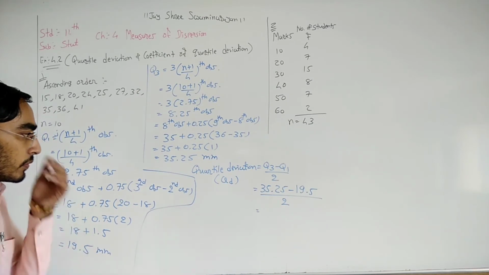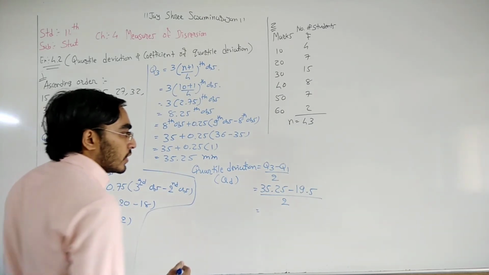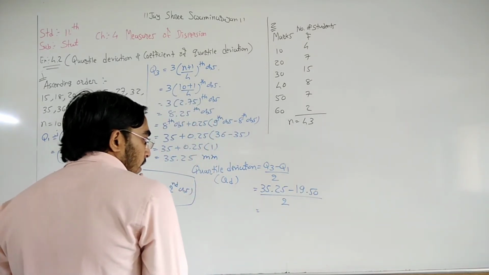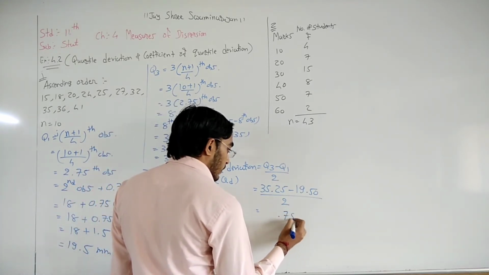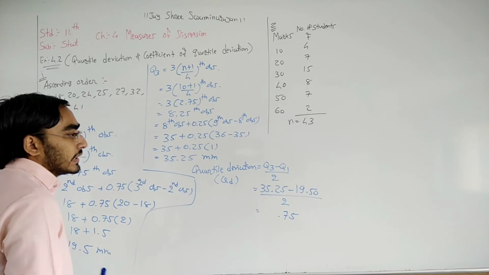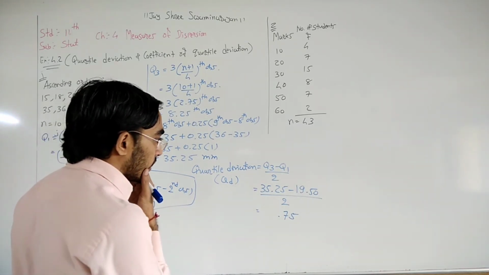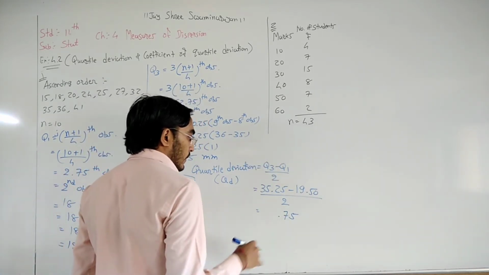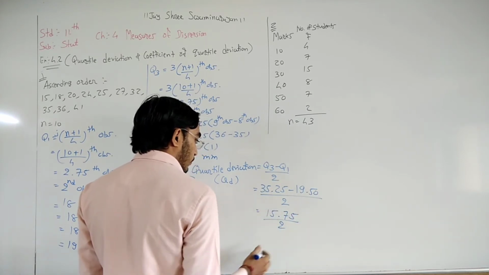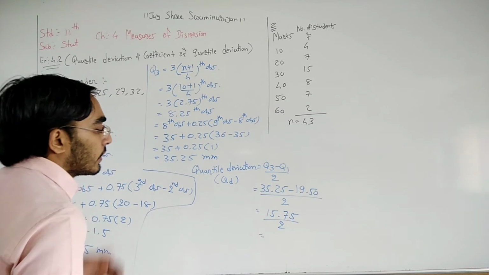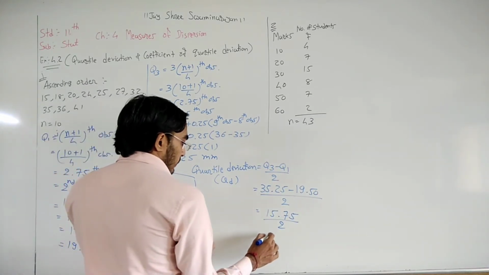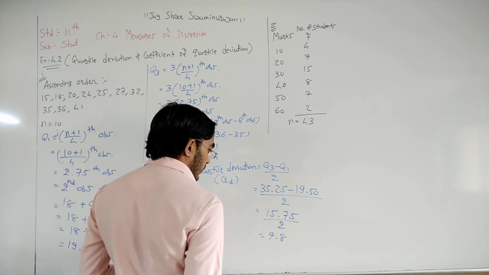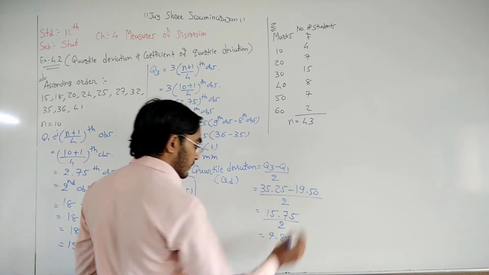So 35.25 minus 19.50 is 15.75. And 15.75 divided by 2 is 7.88.